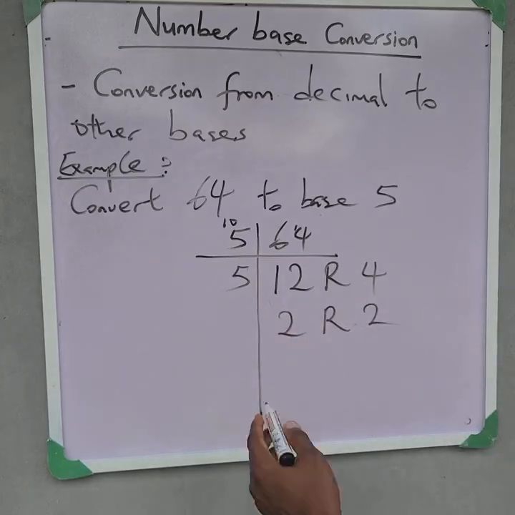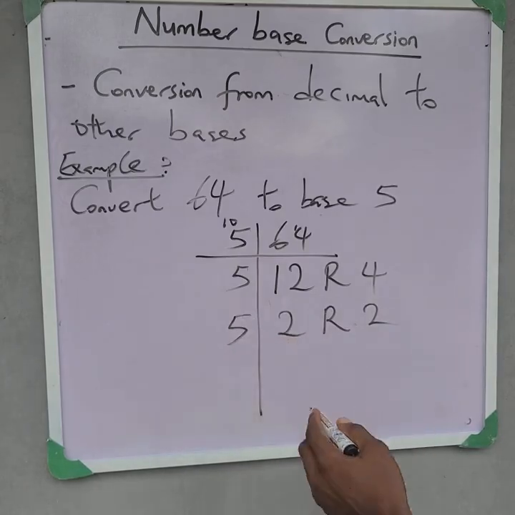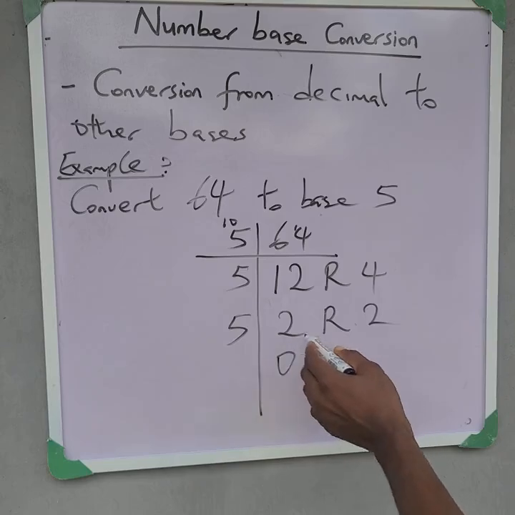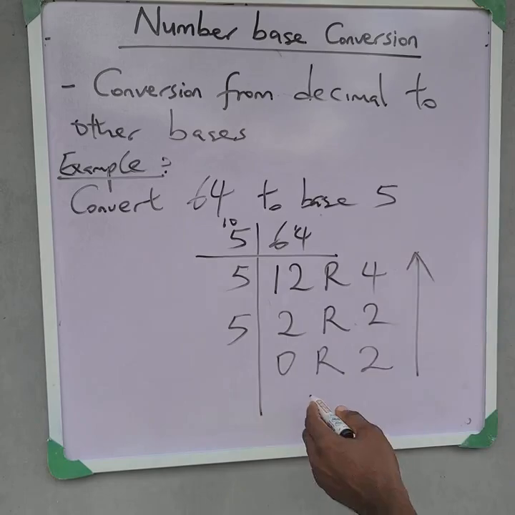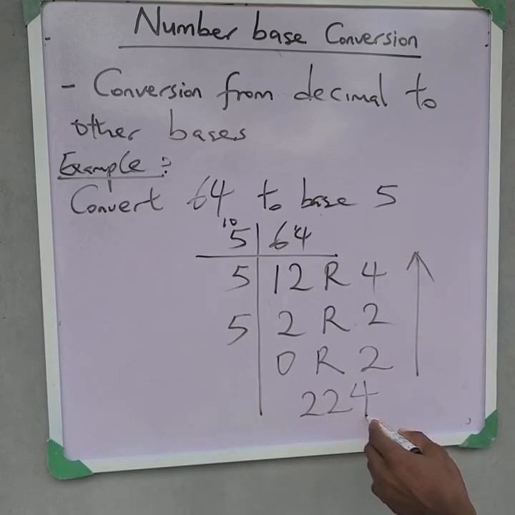You divide again, 5 into 2, you have 0, remainder 2. You count it from down upward, so you have 224 in base 5. So converting 64 base 10 to base 5 is 224 in base 5.